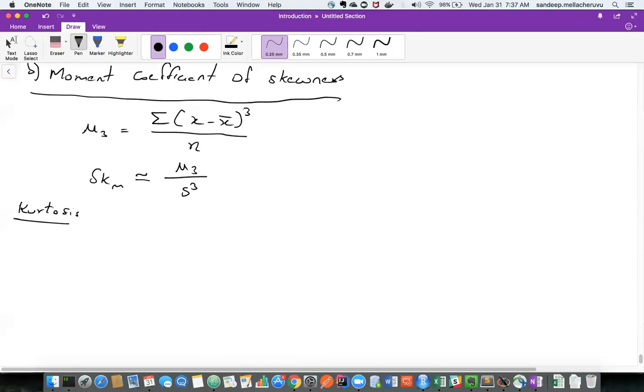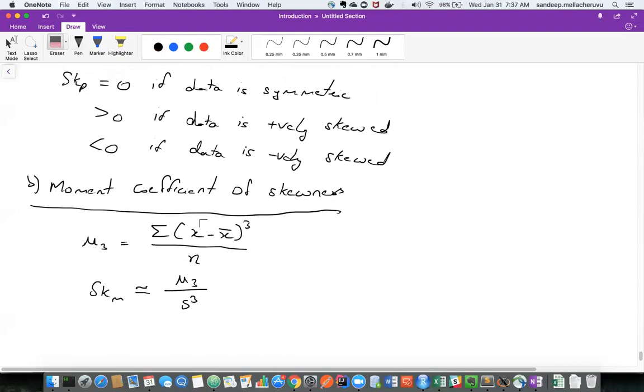The answer is very difficult to interpret, but I'll try to give some kind of intuition. What is this, X minus X bar? X minus X bar is how far your data point is from the mean. If the data is too far away from the mean, then it is skewed.